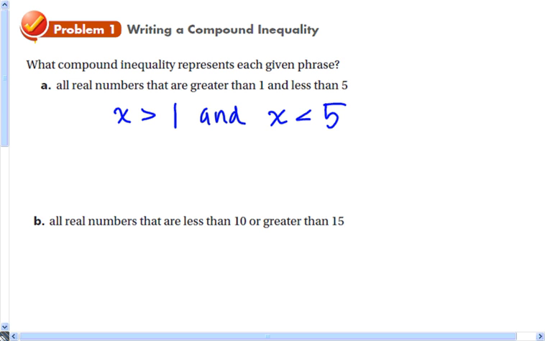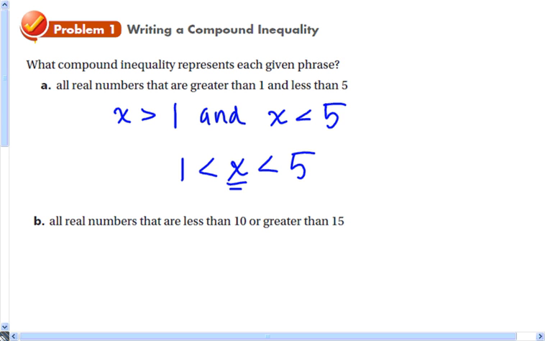And we can also combine that into one inequality where we have the lowest number first, and then x, and then the higher number. So we can see that x is between 1 and 5. So that's a compound inequality that represents that statement.